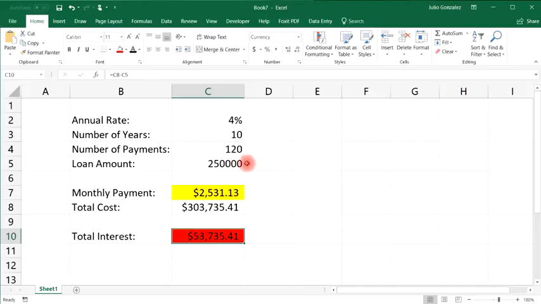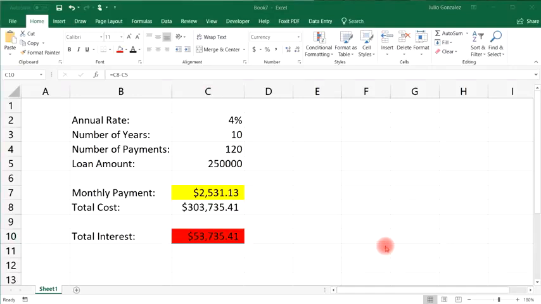Now granted, your monthly payment will increase. Let's say if we had a 30-year note, the monthly payment is only, if you round it, $1,200. If you decrease it to 20 years, it goes up to $1,500. And if you decrease it to 10 years, $2,500. So your monthly payment will be huge, but in the long run, you're going to save a lot of money in interest payments.